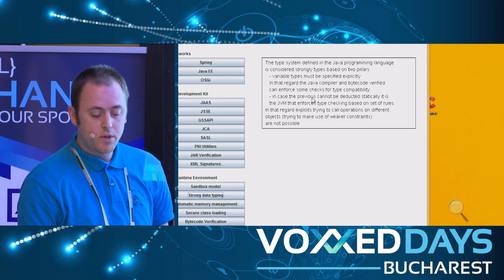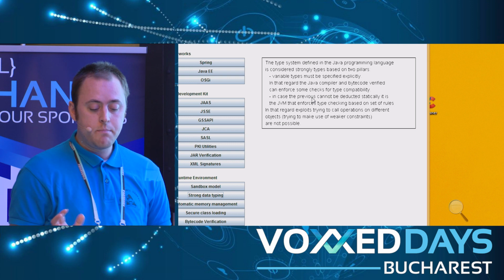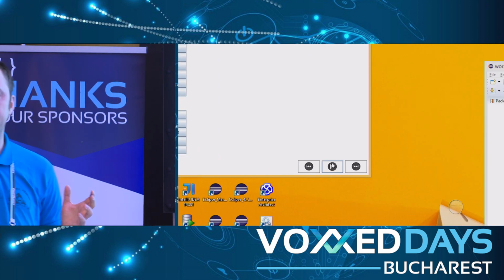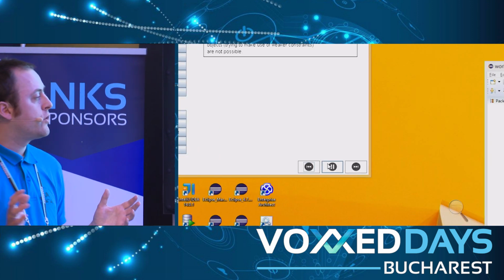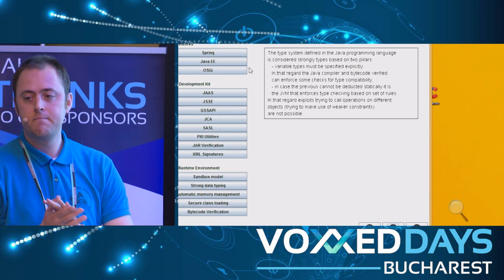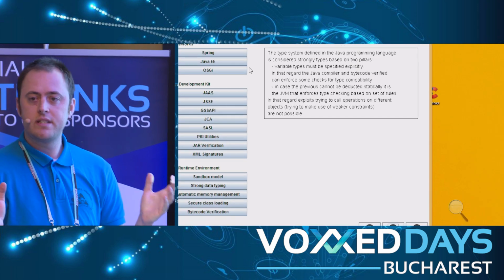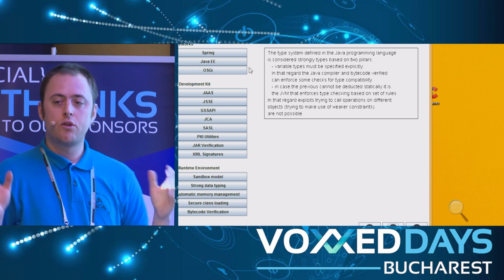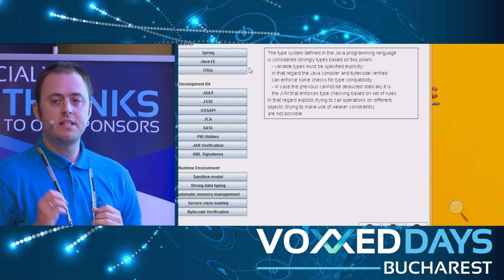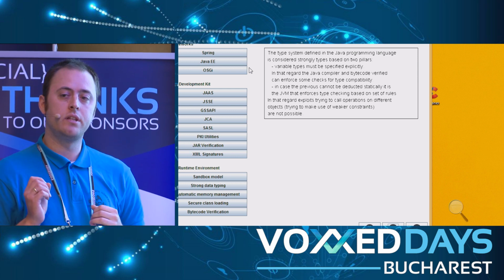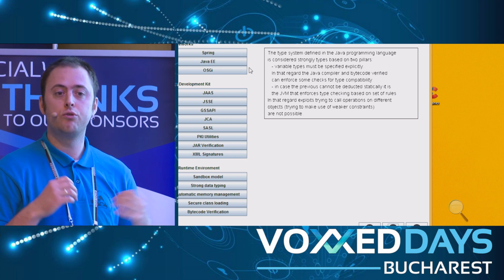For the security sandbox model, there are two main APIs that allow you to do permission checking in the JDK. These are the security manager and access controller APIs. The main difference between the two is that the security manager is an older API. The way it works is that you need to have an instance of a security manager installed in your system in order to do permission checking.